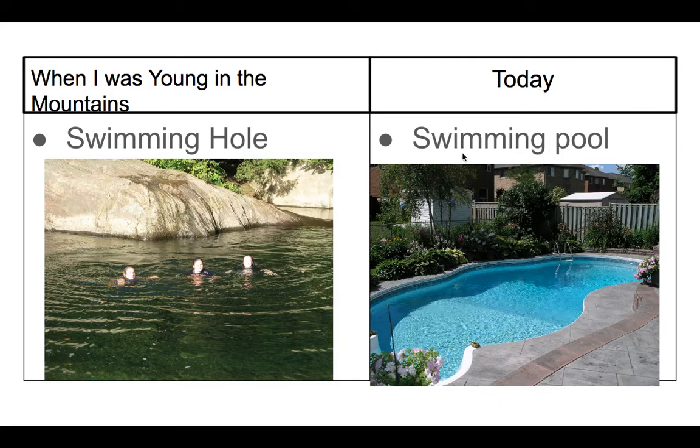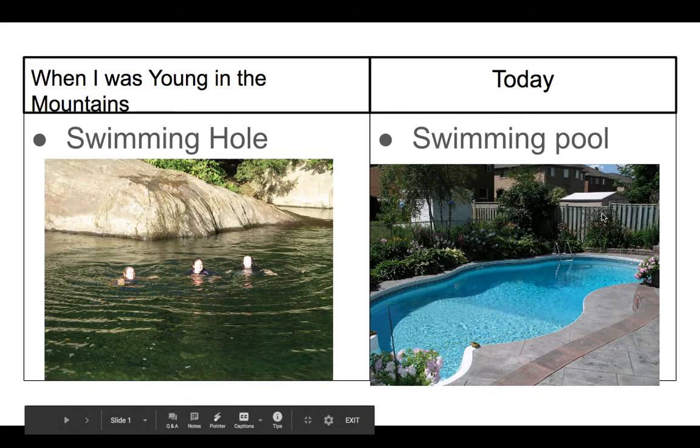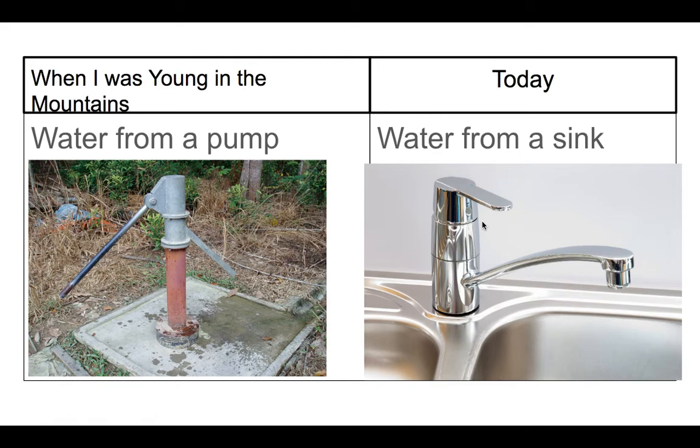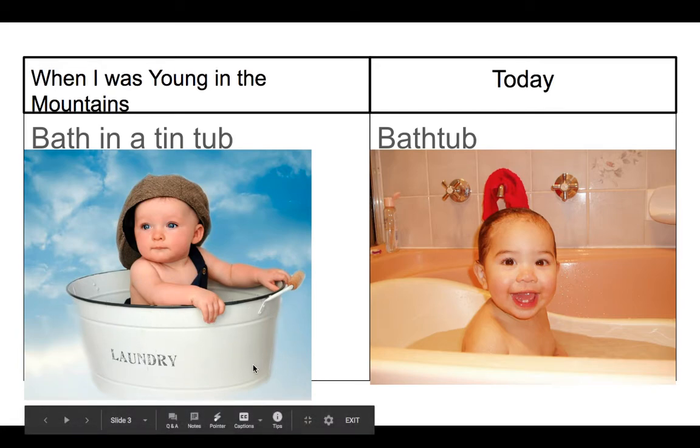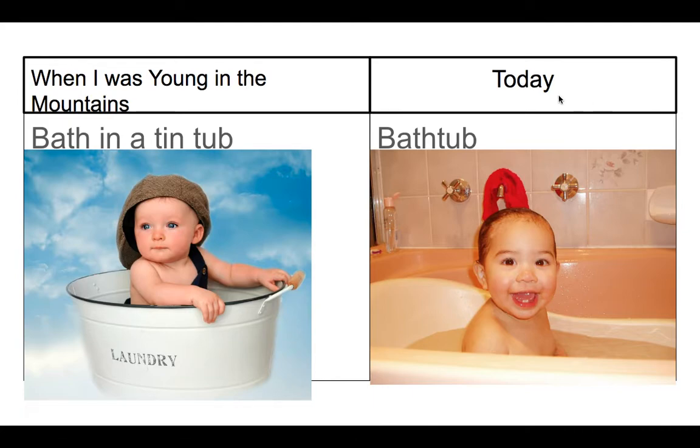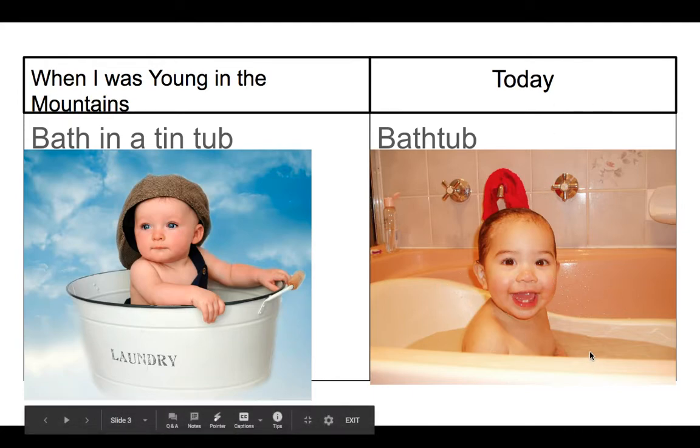Today, we have a swimming pool. Next, water from a pump. That's where she got water from. Today, we have water from a sink. Lastly, they took a bath in a tin tub, right? But do we do that? No. Today we have a bathtub.